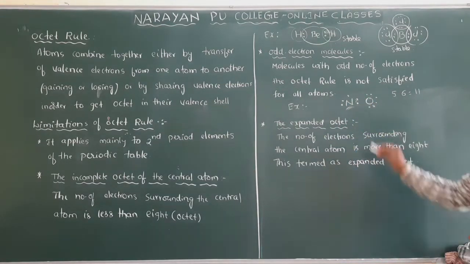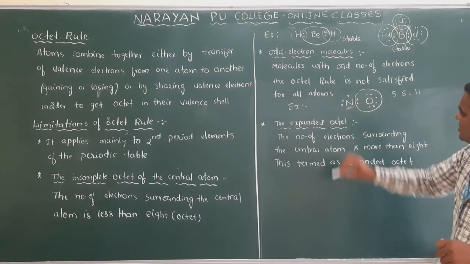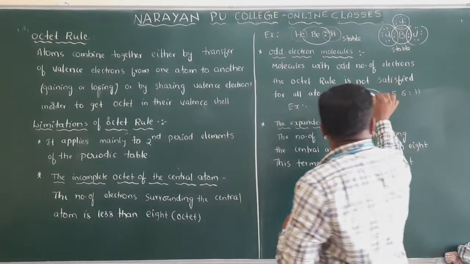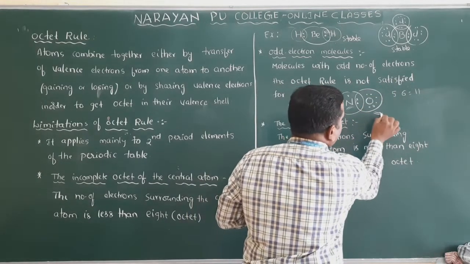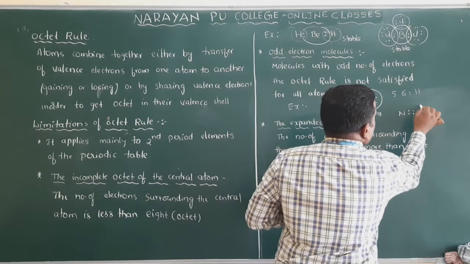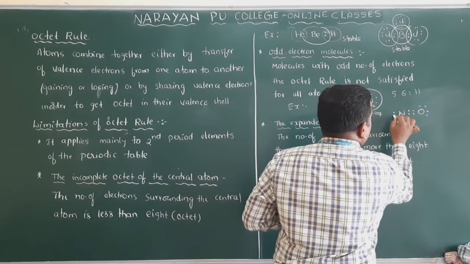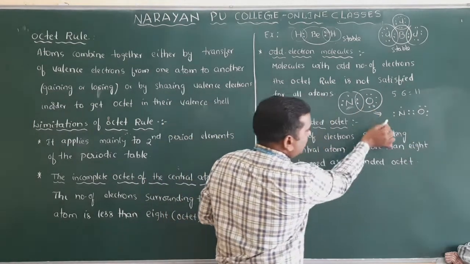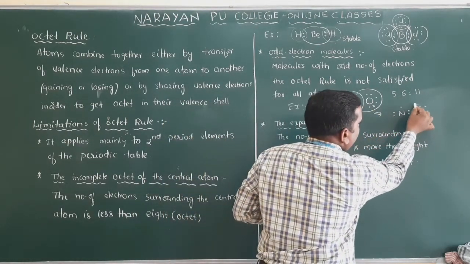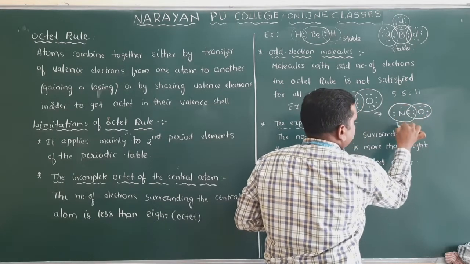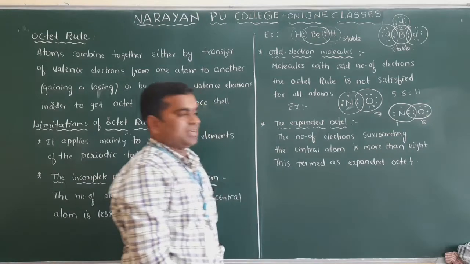In this case, oxygen attains the octet, but nitrogen does not. If I keep 2 electrons here also, same thing. What will happen? This is an octet, but here how many electrons are there? 7, and here 8.